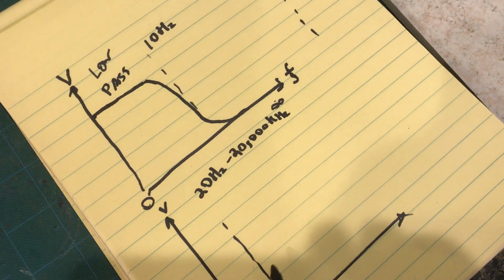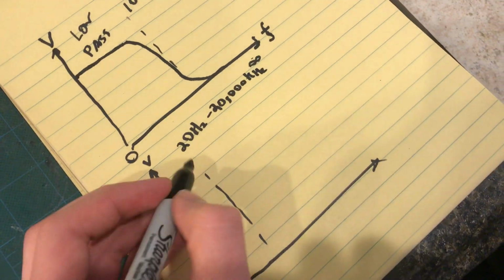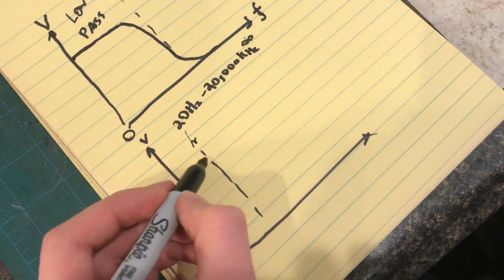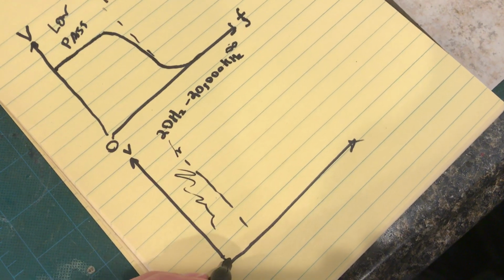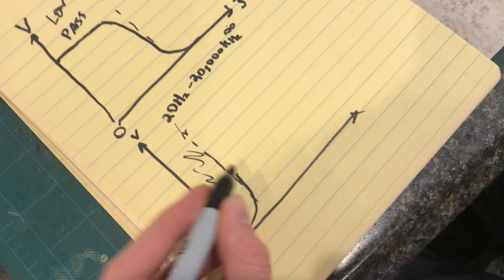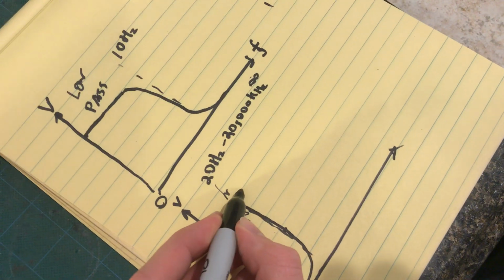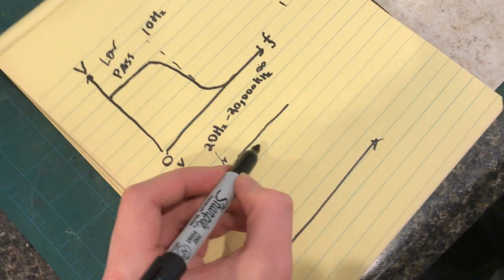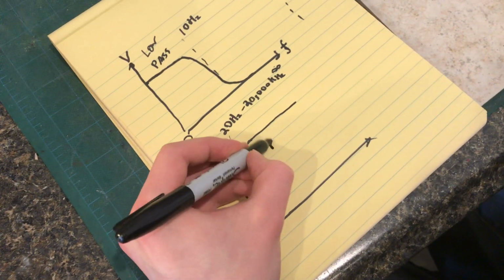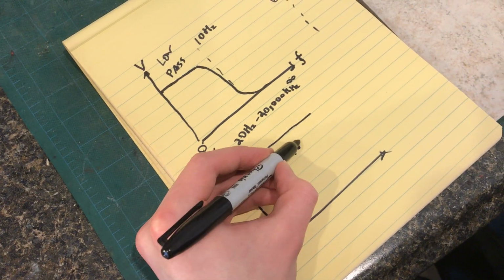In this case, if I call this line 20 hertz, anything less than 20 hertz, we want it to ignore. So instead, our curve should pass higher frequency signals. Call that a high pass.